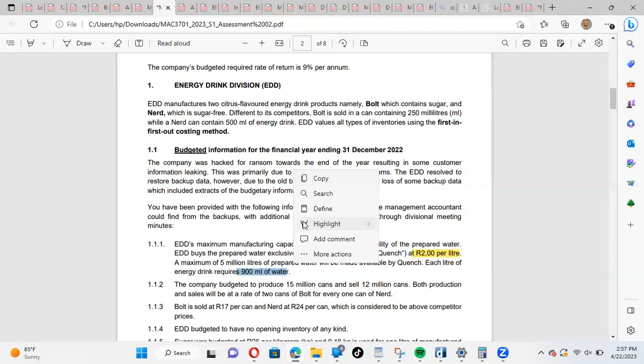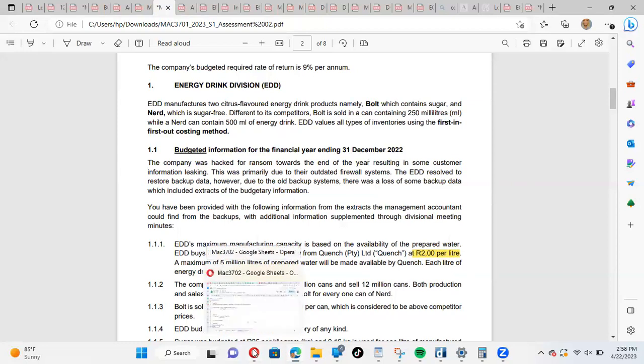Then that would be 2 rands times 1,000 milliliters divided by the 900 mils to get the cost for one bottle, to get a cost per unit. So 2 times 900 divided by 1,000. And then we multiply that by the number of units produced, which is basically the meals there. We are dealing with this in terms of meals anyway.